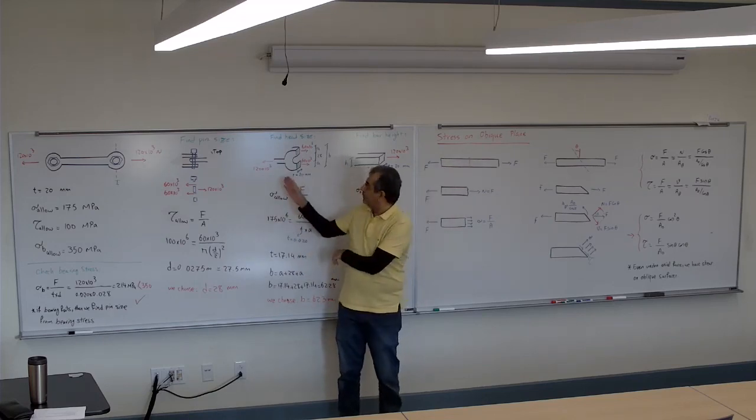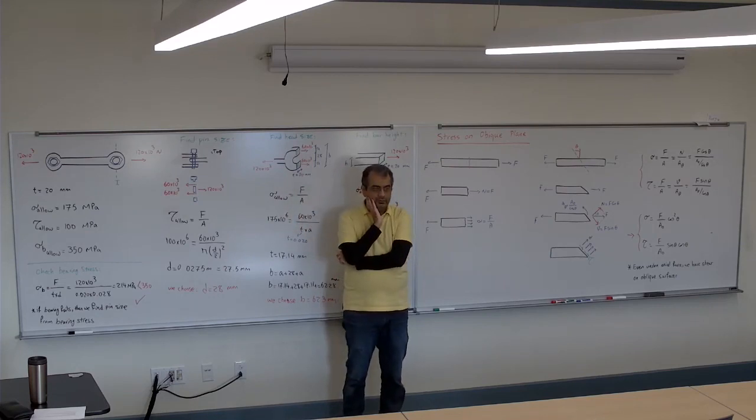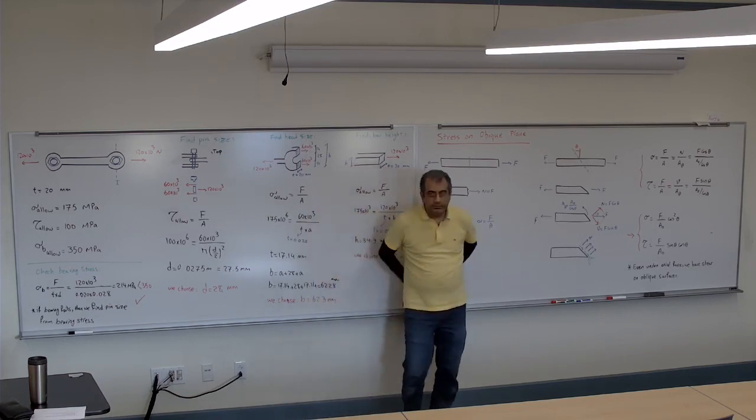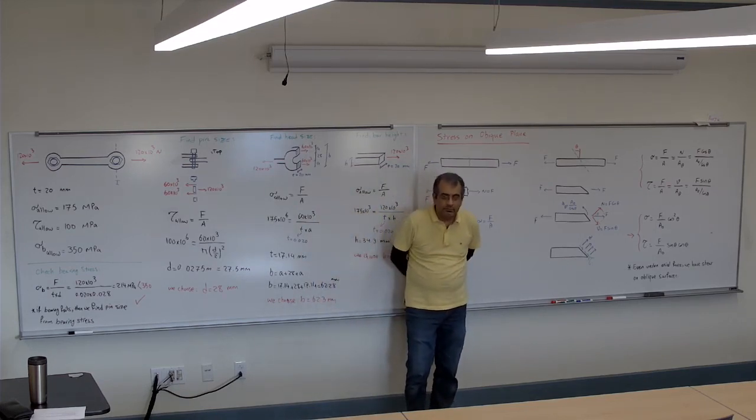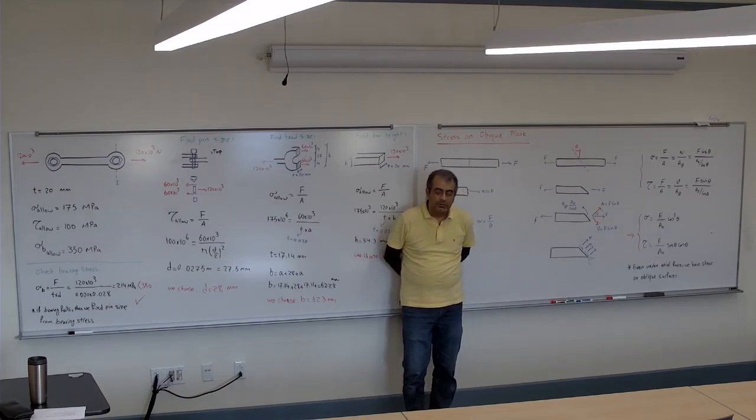Why not only use the normal surface? We don't know what it's being; it might be set up in a way that it could break at an angle instead of breaking at a normal plane. That's exactly right.